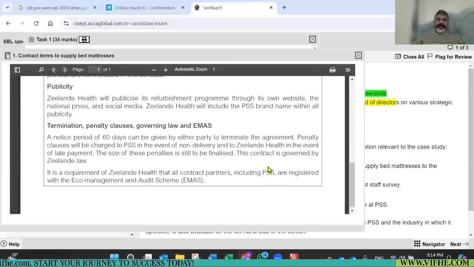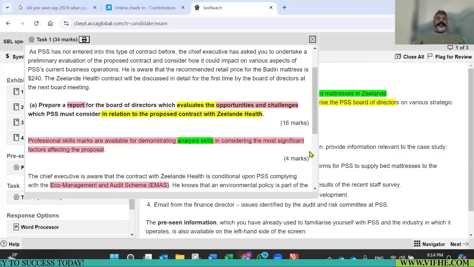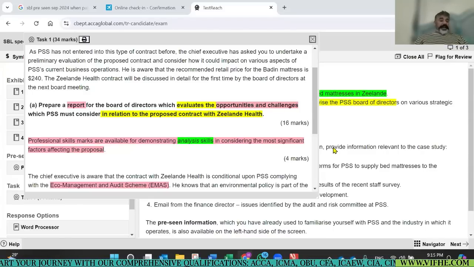We will read the exhibit and then we will draft our answer. All this in 36 minutes. 36 minutes is just not for drafting, right? You have to read the proper requirement, you have to make the format, you have to read the related exhibit, and then the drafting. All this in 36 minutes. Is that clear? Now, do you think it will be challenging doing all this in 36 minutes? Definitely yes.